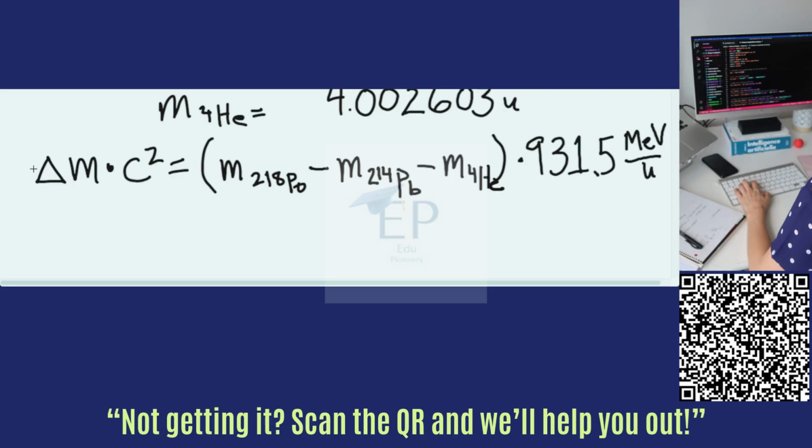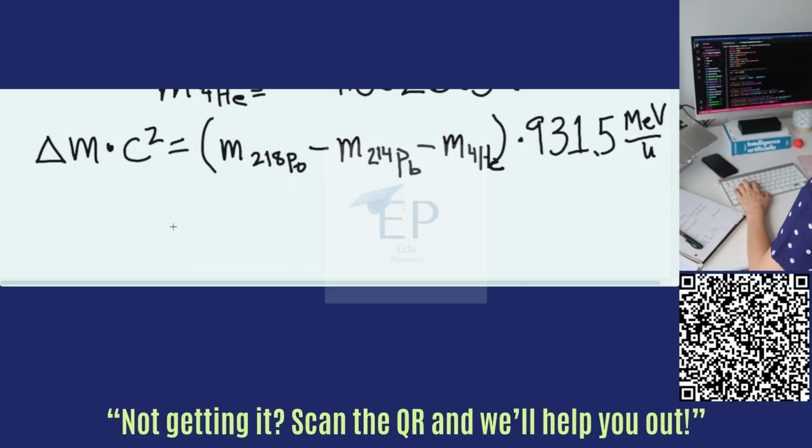In order to get energy, we need to multiply our change in mass in terms of atomic mass units by this conversion factor of 931.5 mega electron volts per atomic mass unit.